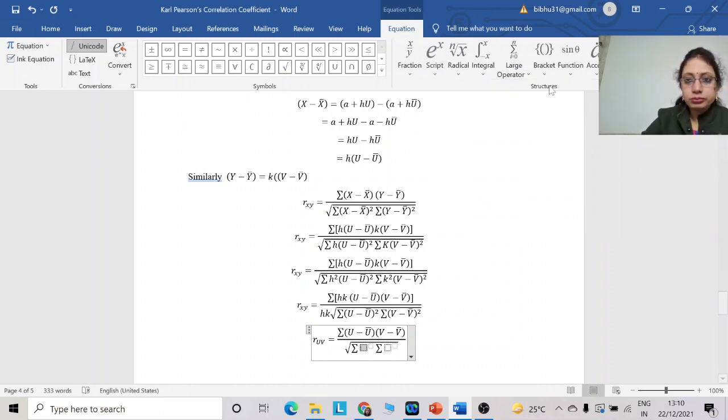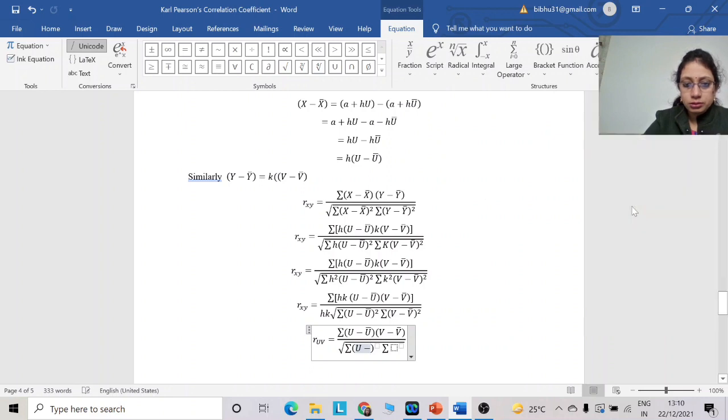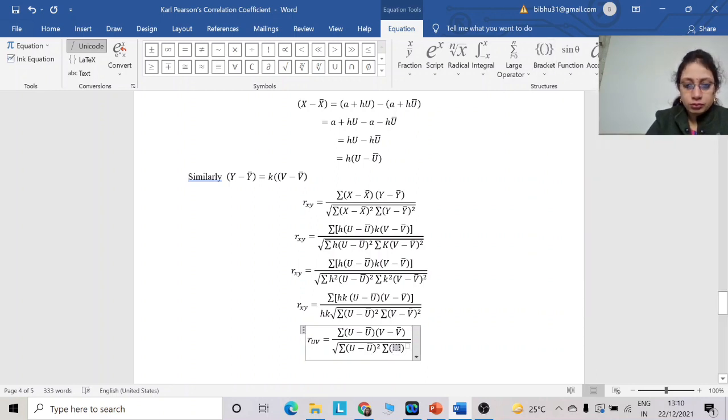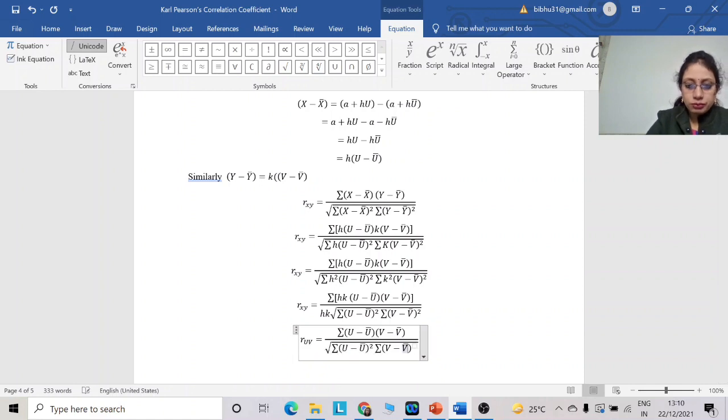So, summation of (u minus u bar) whole square and summation of (v minus v bar) whole square.